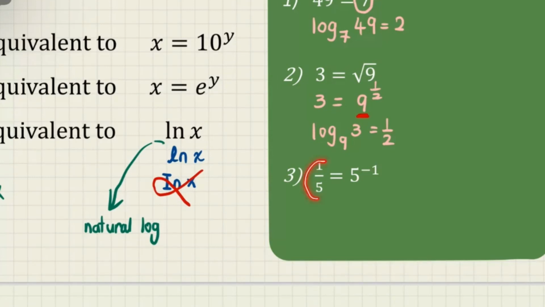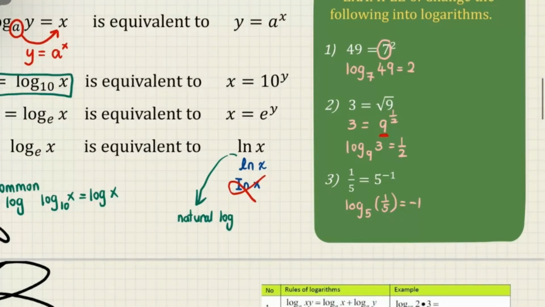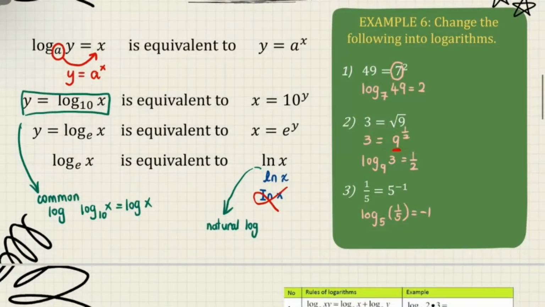Kan, 1/5 boleh juga ditulis dalam bentuk 5 to the power of negative 1. And this equation can also be written as log with base 5, 1/5 equals to negative 1. So kenapa dapat negative 1? Nanti kita akan tengoklah rules of log tu macam mana. Okay, so ini adalah cara-cara kita nak tukar daripada indeks kepada log.